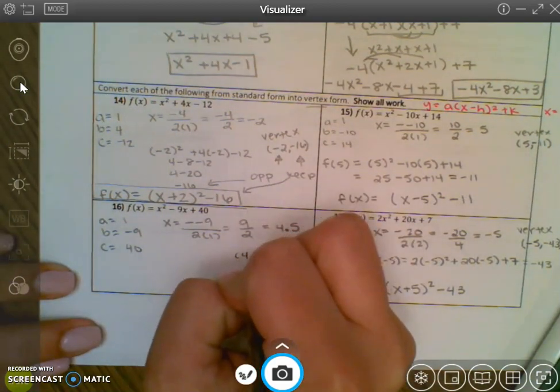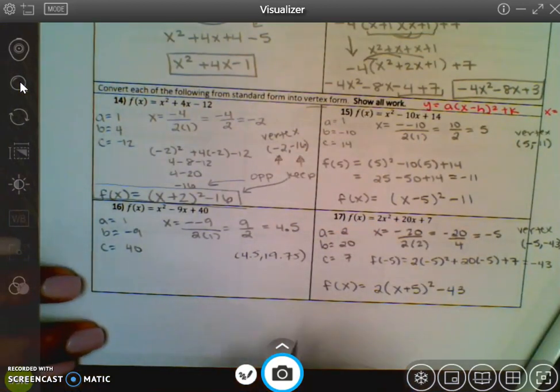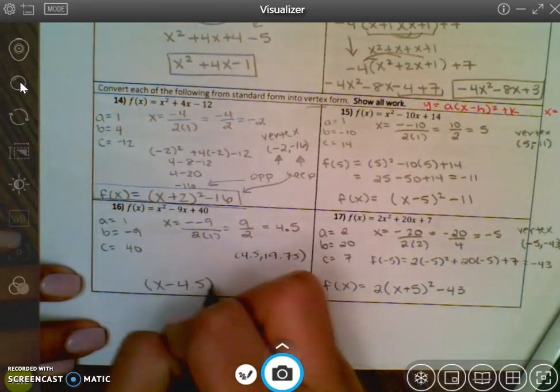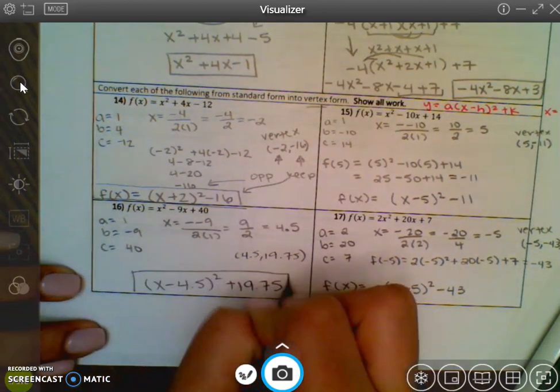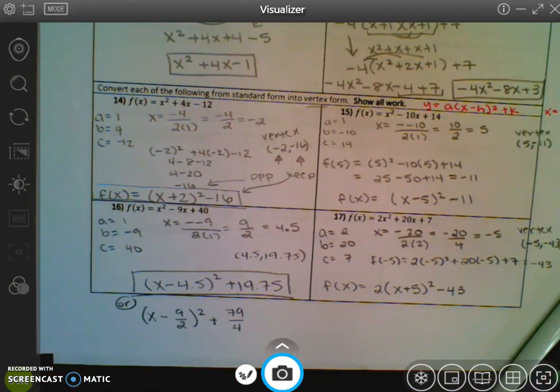So 4.5 and 19.75. And then x, opposite, keep. Or if you saw it as a fraction, that's what it would look like with fractions. All I did was use the little toggle button.